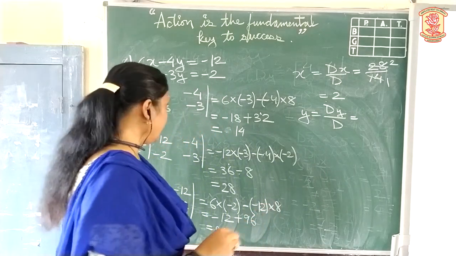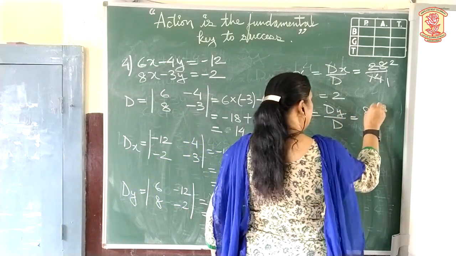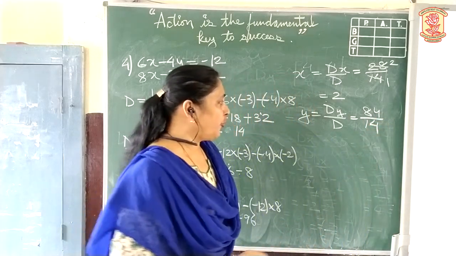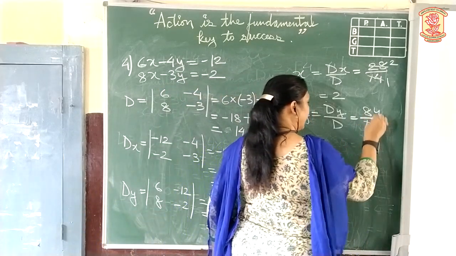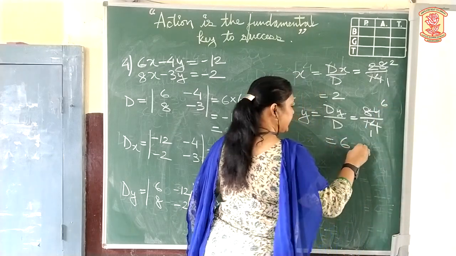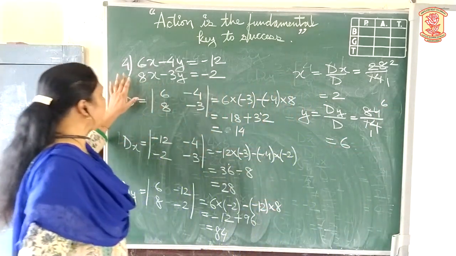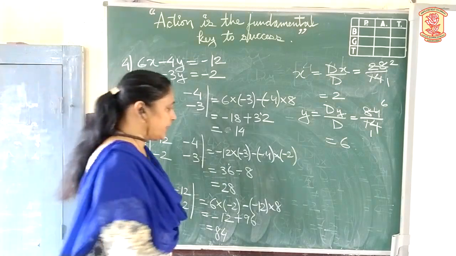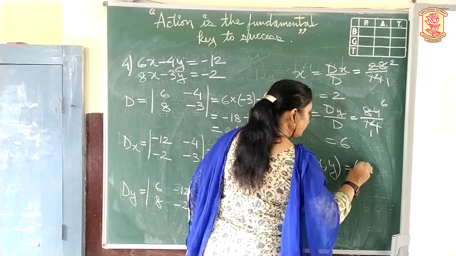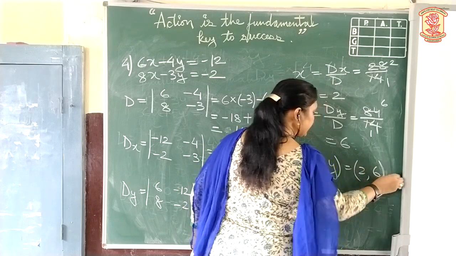So the determinant of y is 84 upon 14. 14 sixes are 84. So the value of y is 6. So the solution for the given simultaneous equations is (x, y) equals (2, 6).